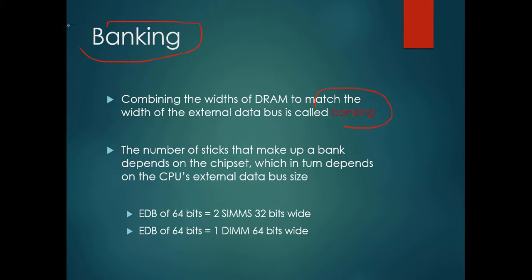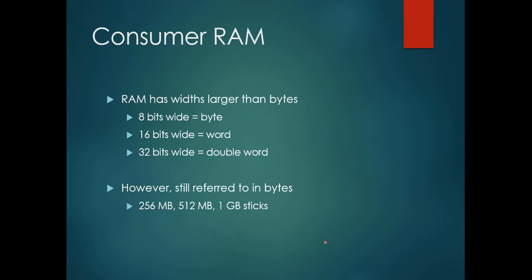The number of sticks that make up a bank depends on the chipset, which in turn depends on the CPU external data bus size. So external data bus size, then CPU, then your number of sticks. For example, an EDB of 64 bits will have 2 SIMMs, 32 bits wide, while an EDB of 64 bits can have 1 DIMM, 64 bits wide.